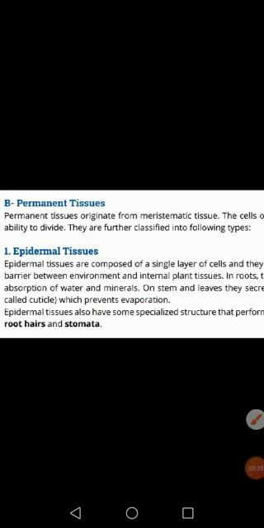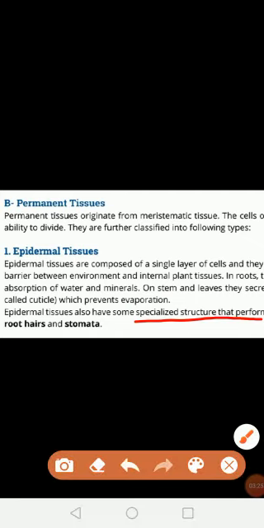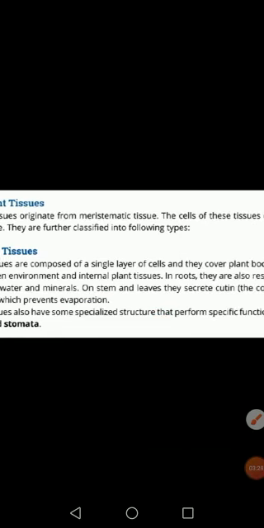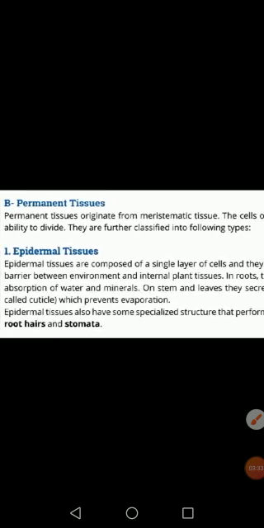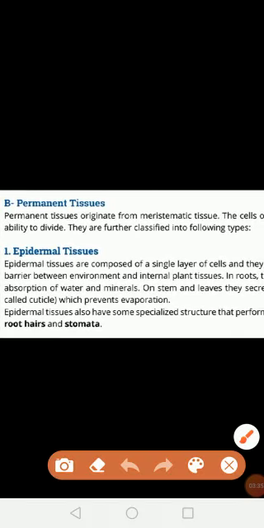As we have discussed, epidermal tissues form specialized structures and then perform a specific function. For example, they form root hairs on the root, which are responsible for the absorption of water and minerals from the soil.